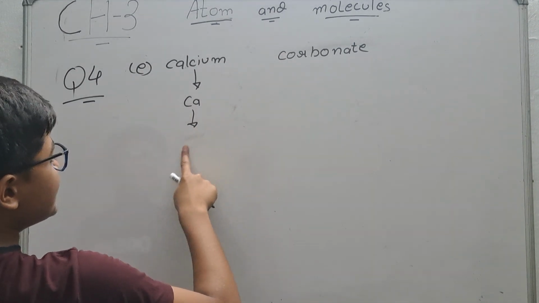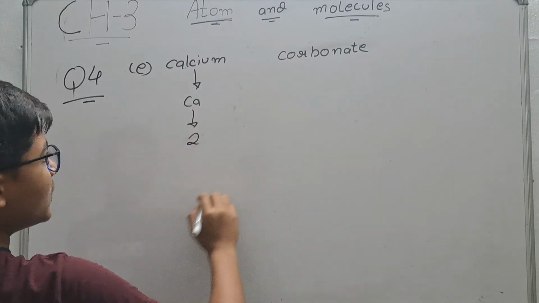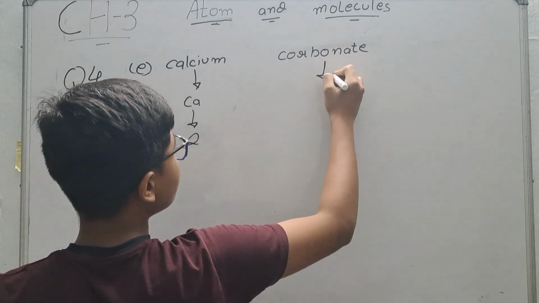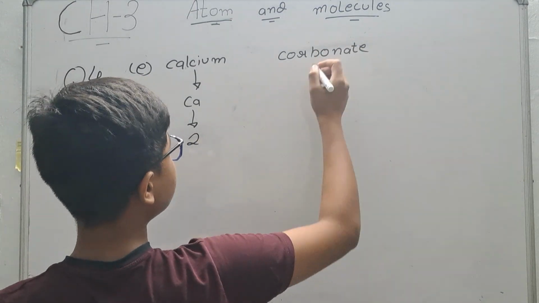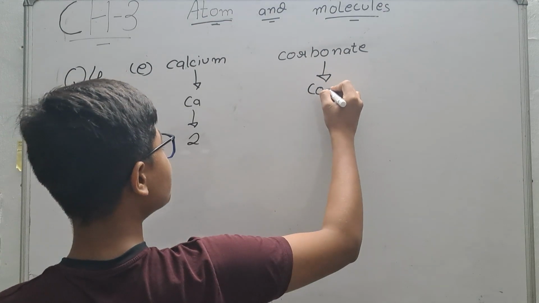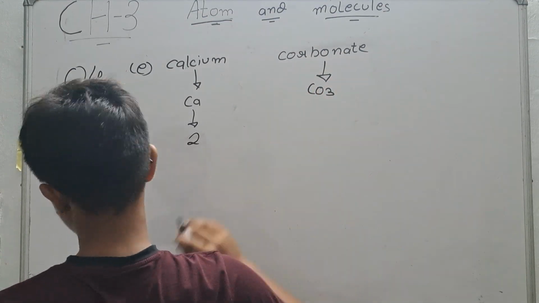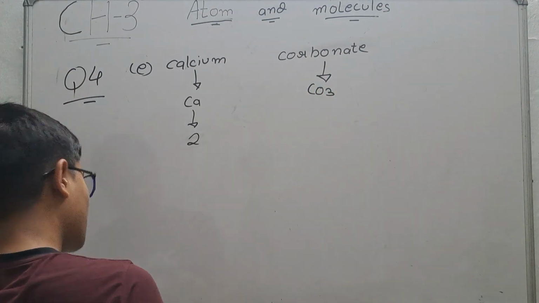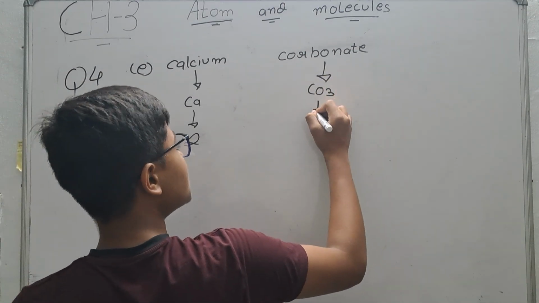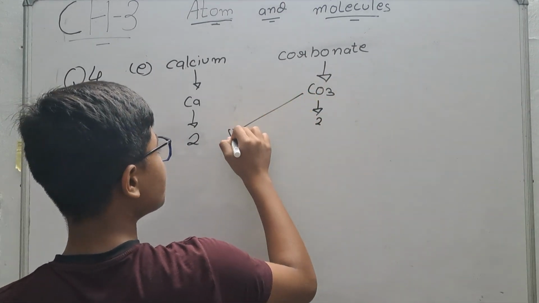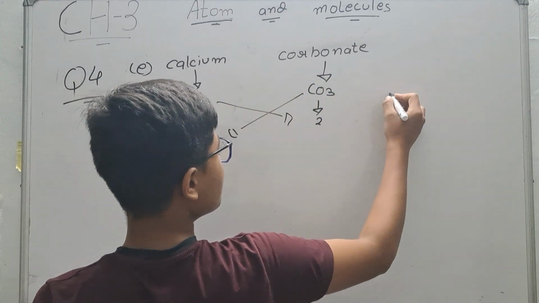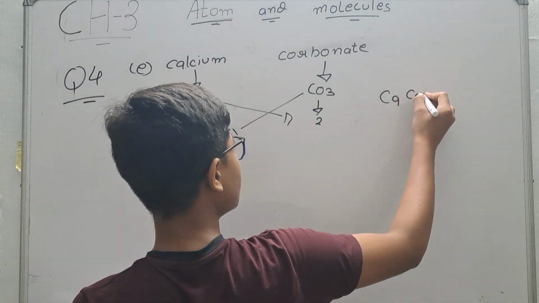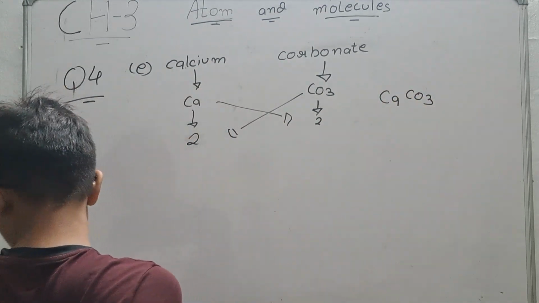No, sorry, the valency of calcium is 2. Okay, and carbonate is denoted by CO3. CO3 is denoted by carbon. Okay, valency is 2. We will do crisscross. CaCO3. The 2 will come out common.